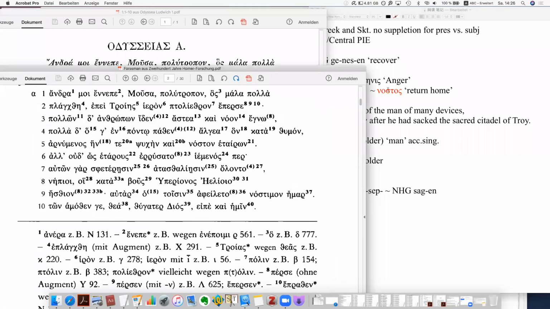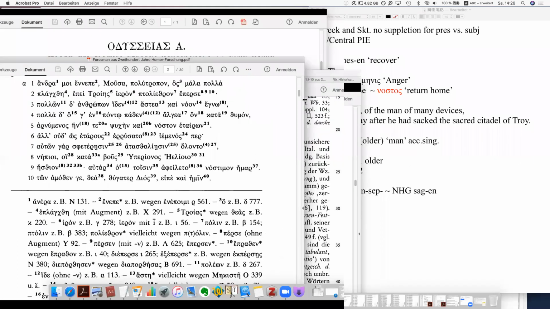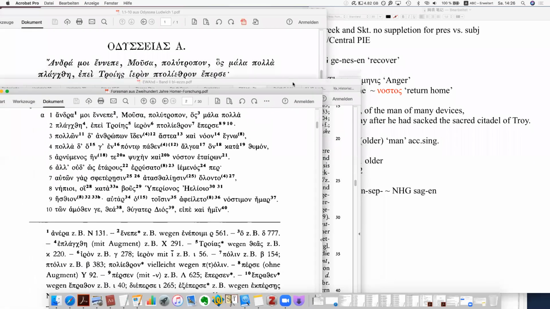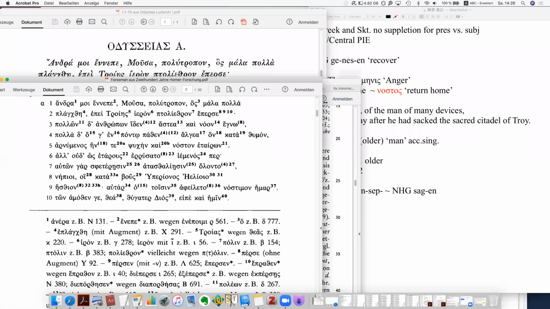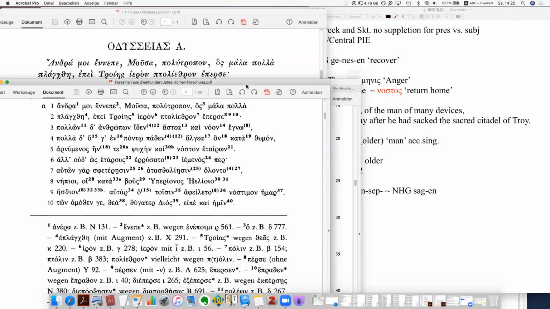Wait a minute. Okay, so this is a third word called enepe, but it has a variant called enepe with a single n. Yeah, okay. And then let's move on.